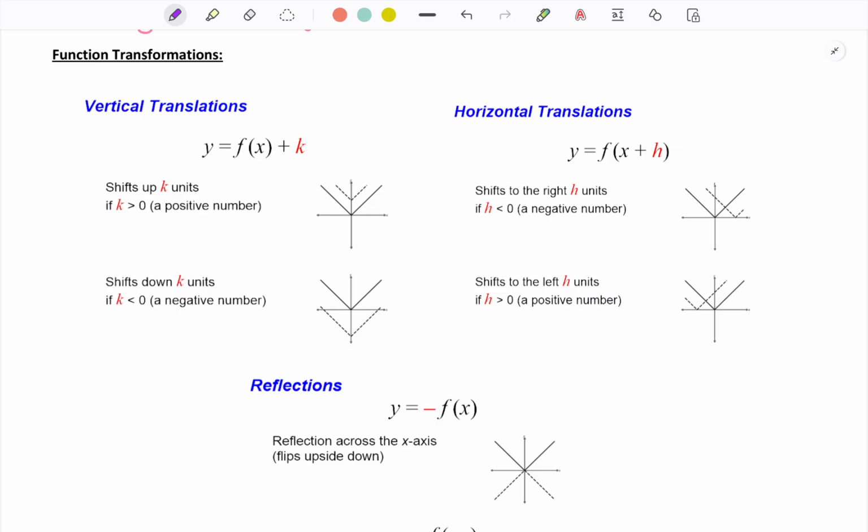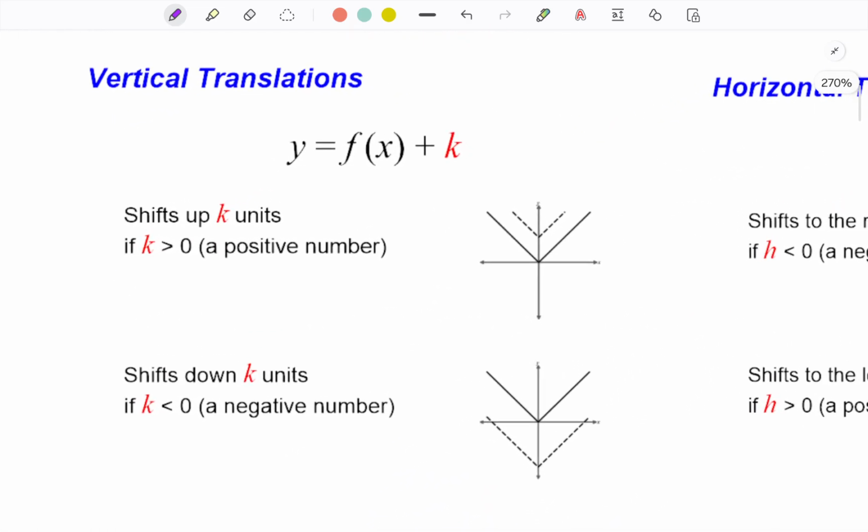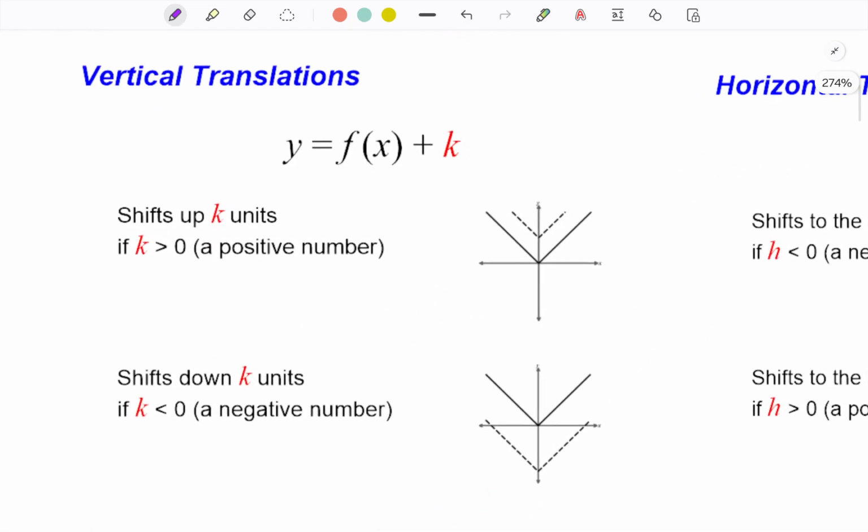So for transformations, we have a few rules, and you probably did look at these a little bit in Algebra 1, but probably not in depth. So you have, first of all, your vertical translation. So your vertical translation is a shift up or down.